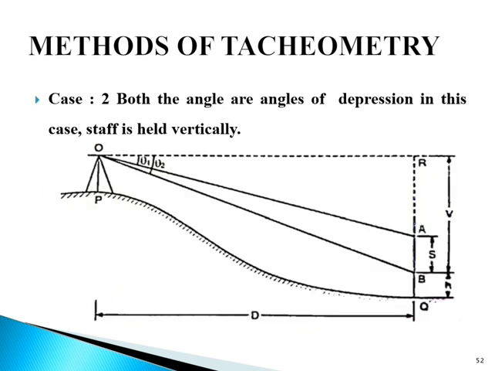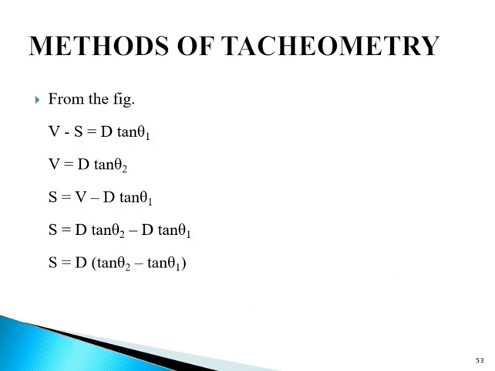Next is case 2. Both the angles are angles of depression in this case, and the staff is held vertically. From this figure, V minus S is equal to d tan theta 1. V is equal to d tan theta 2. So S is equal to V minus d tan theta 1. So S is equal to d tan theta 2 minus d tan theta 1.